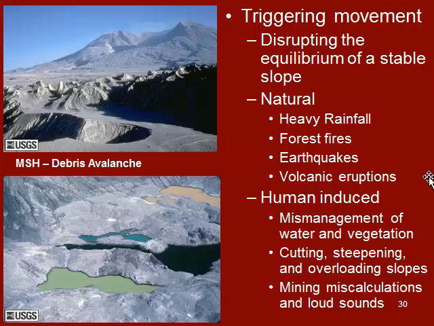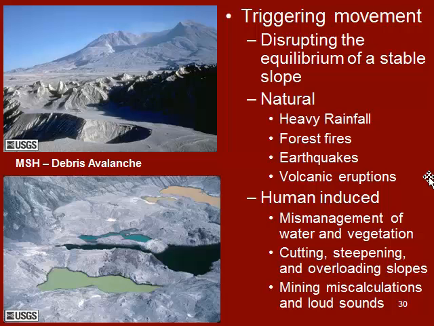So some of the human-induced triggers would be mismanagement of water and vegetation. So we clear cut an area and we don't stabilize it with new vegetation. If there's a spot that doesn't have proper drainage after construction happened, we can increase the water content in a slope and cause it to fail.